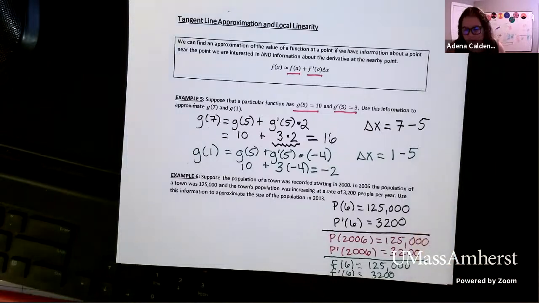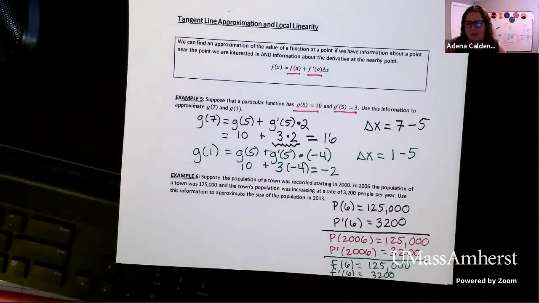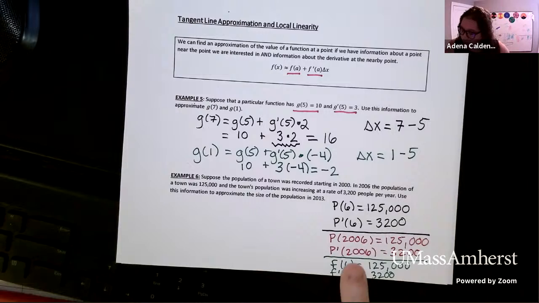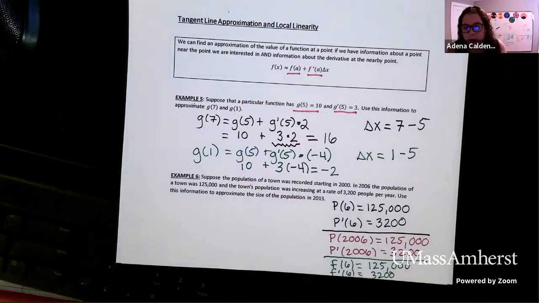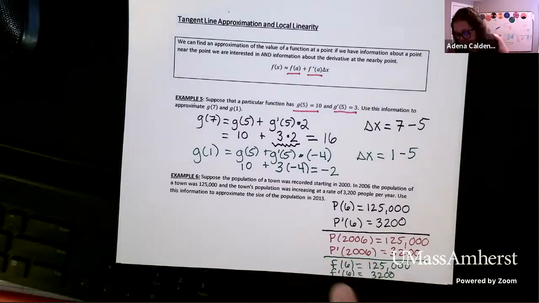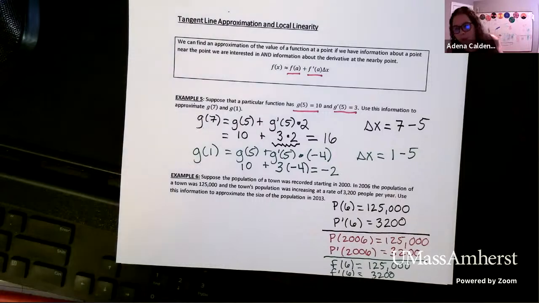I used P because we're talking about population and that's sort of a convention in math, but there's no reason you would have to use P. You may have also chosen to keep the date. So P of 2006 instead of 6, right? So this said it started being measured in 2000. So I said, okay, well then t equals 6. So it's 6 years later. But you could use P of 2006 and P prime of 2006.